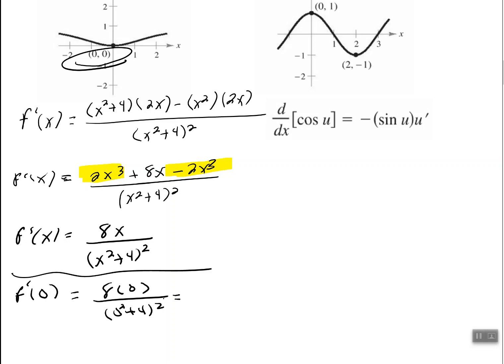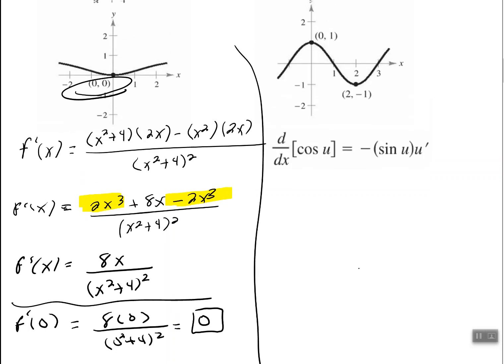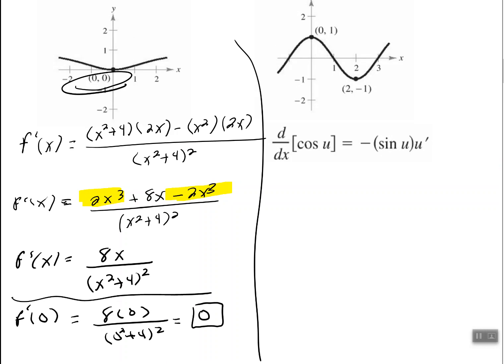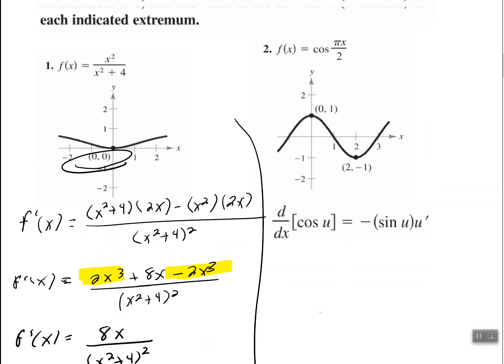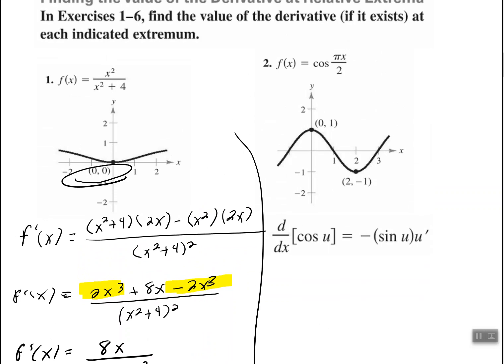And you see we have 0 in our numerator divided by 16, which would be 0. Okay, so that's all we're doing here. We're just finding our derivative at the extrema.